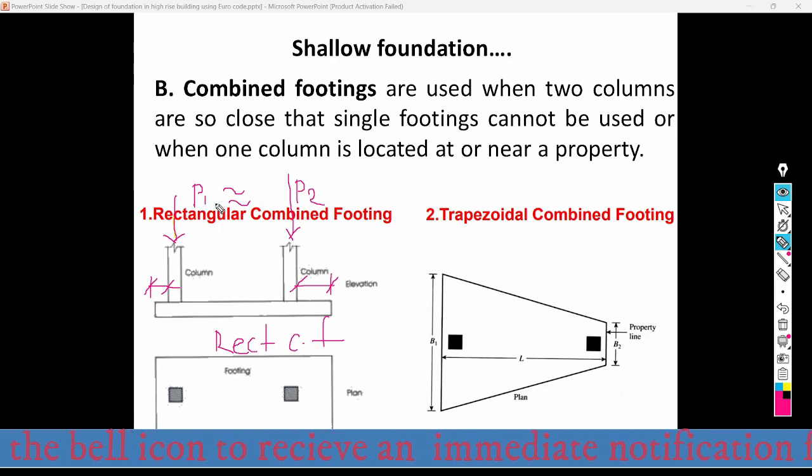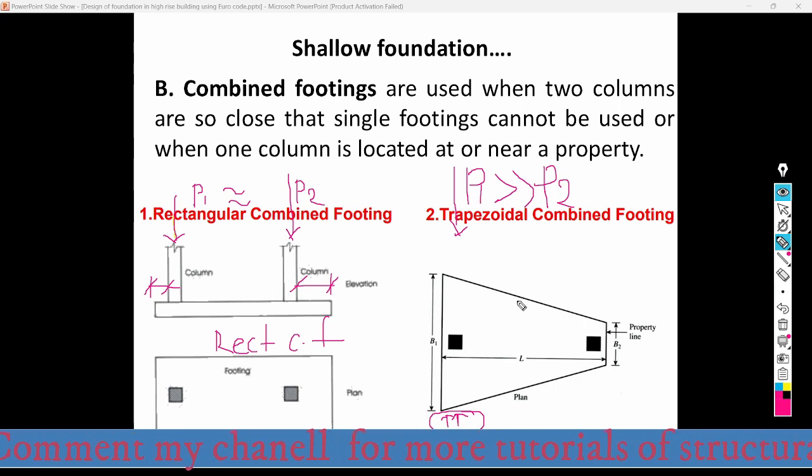But if the magnitude of the load P1 is significantly higher than P2, there will be higher stress under column 1. In order to withstand this higher soil pressure induced under column 1, we need to provide a higher contact area under column 1, that is under P1.